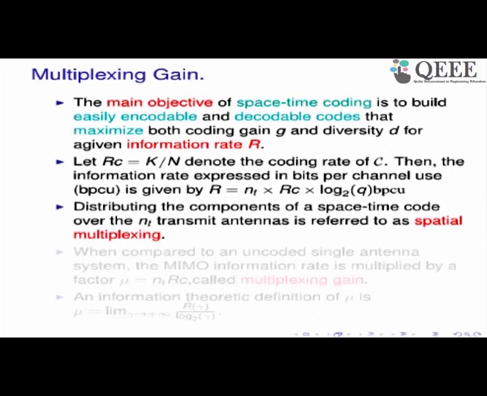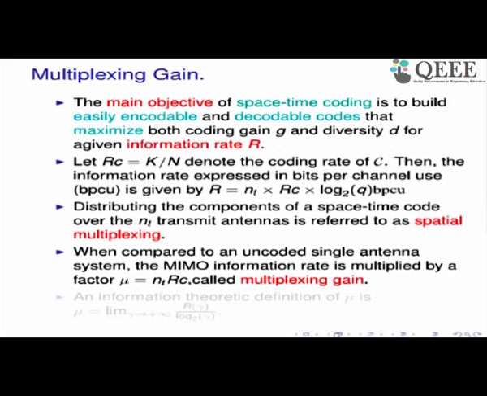When compared to the SISO channel, remember that MIMO has additional terms, basically NT RC. This term is what is called the multiplexing gain. From an information theoretic perspective, this is formally defined as the ratio of the rate of the space-time code to the log of SNR, as SNR tends to infinity.